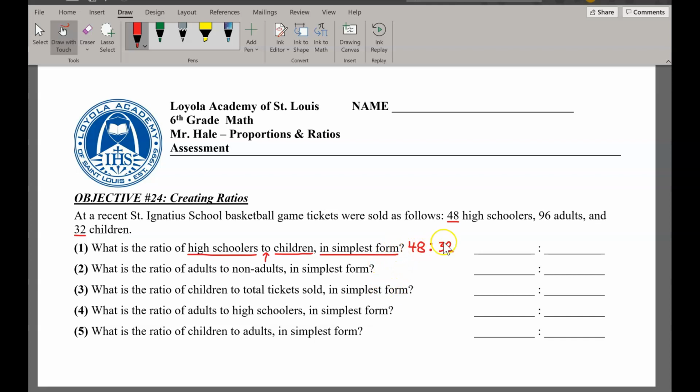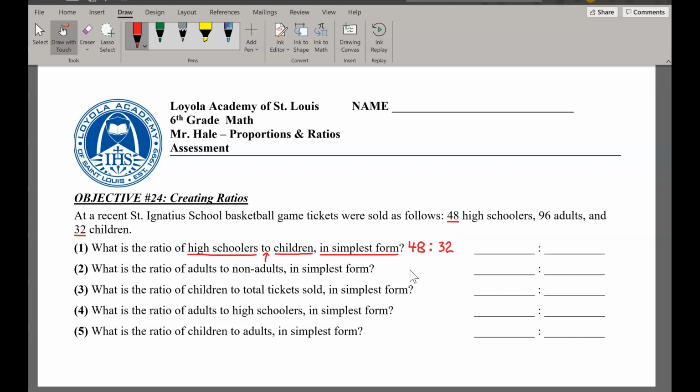So let's look at 48 and 32. Well, we know off the top, those are both even numbers. So we could divide them both by 2. But that's not going to give us simplest form. What else can both 48 and 32 be divided by? They can both be divided by 4, but that's not going to give us simplest form. They can both be divided by 8.